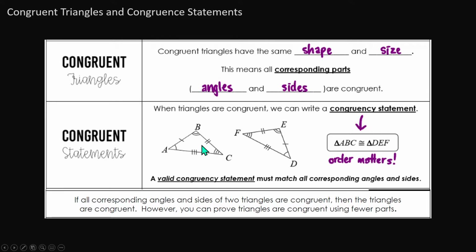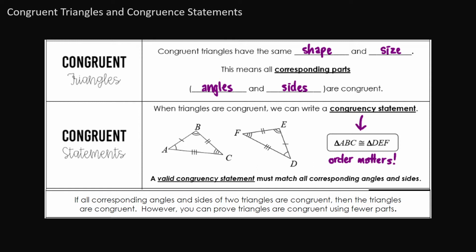You can see that with these two triangles shown, we can write the statement triangle ABC is congruent to triangle DEF. And the order matters in this statement because, as you can see, angle A corresponds to angle D, angle B corresponds to angle E, and angle C corresponds to angle F. So the order matters absolutely.